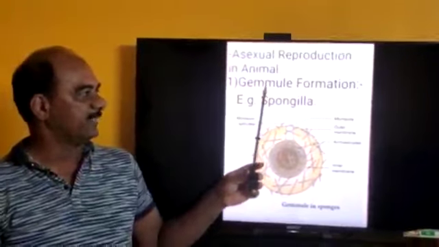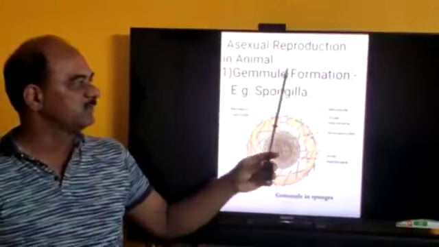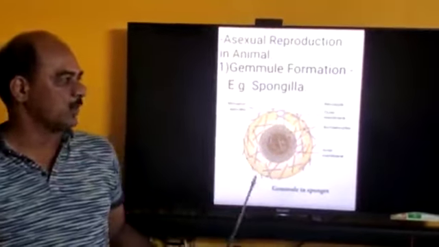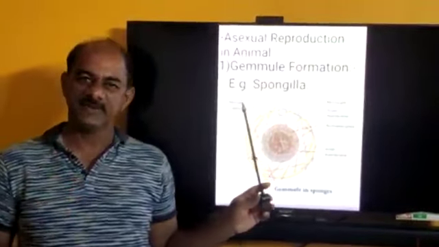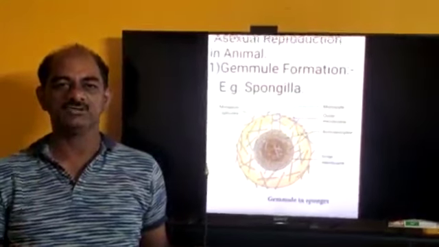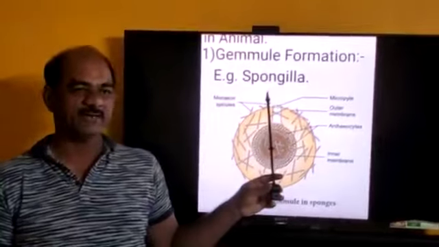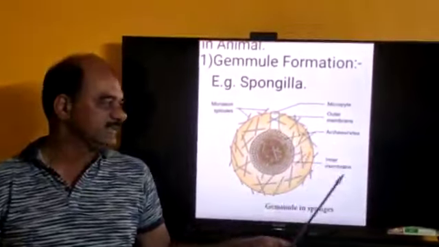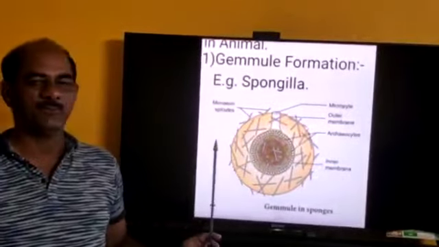So the first one is gemmule formation, and that process occurs in Spongilla. This Spongilla is present in an aquatic habitat. It belongs to phylum Porifera, meaning it is an invertebrate.